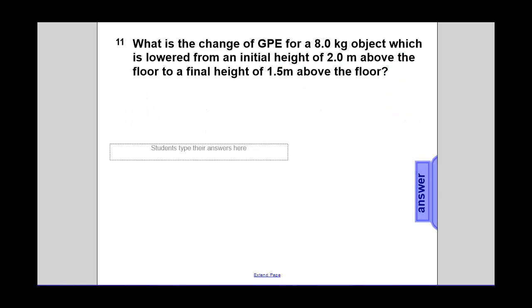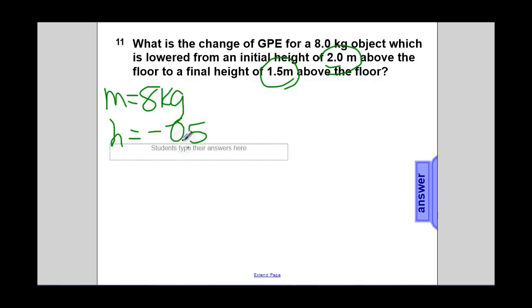What is the change of GPE for an 8 kilogram object, so m equals 8 kilograms, which is lowered from an initial height of 2 meters above the floor to a final height of 1.5 meters above the floor? So that means our change in height is negative 0.5 because it goes down from 2 to 1.5. So it goes down by a half of a meter.